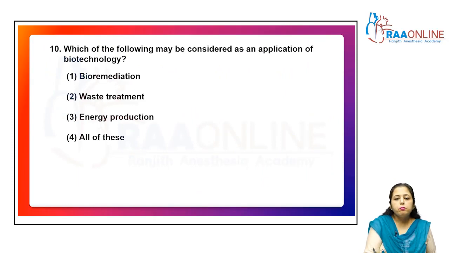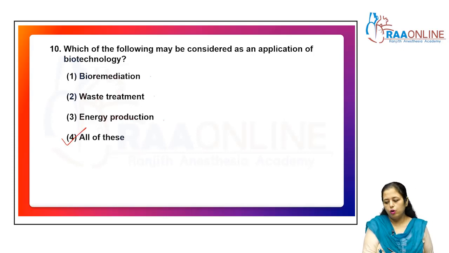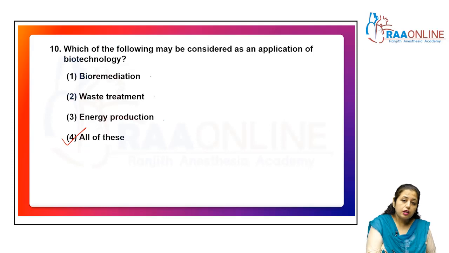Which one of the following may be considered as an application of biotechnology? Bioremediation, waste treatment, energy production, all of these. So the answer is all of these. Why? This is also a line of NCERT, that it may be considered as an application of biotechnology.